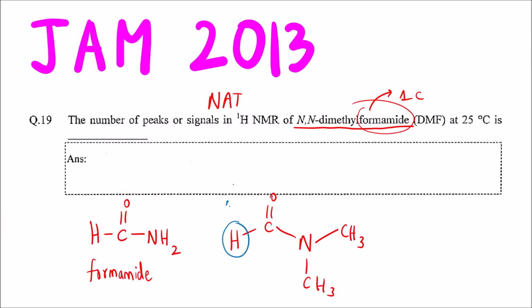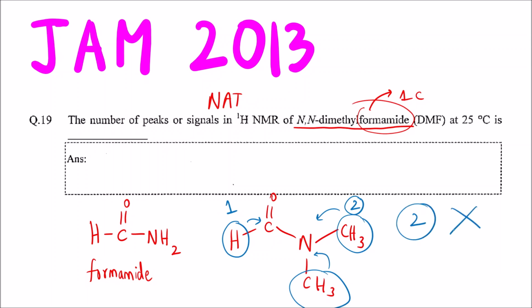Now suppose you count: one signal because this H is attached to an sp2 hybridized carbon, and both these methyls are attached to nitrogen, so suppose that would be the second signal. If you write the answer as 2, that would be incorrect. Let us see why.